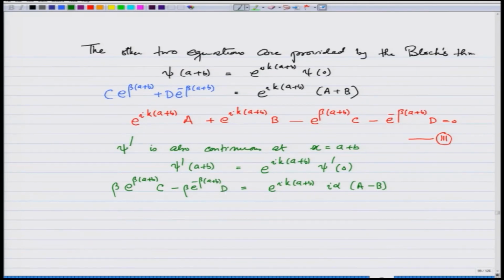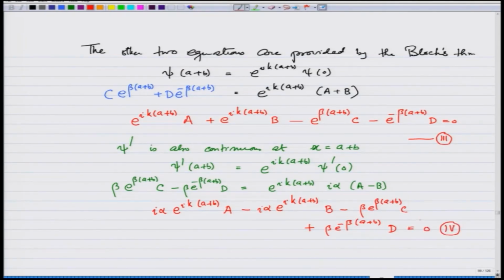So, this equation now becomes i alpha e raised to i k (A plus B) times A minus i alpha e raised to i k (A plus B) times B minus beta e raised to beta (A plus B) times C plus beta e raised to minus beta (A plus B) times D equals 0. This is my equation number 4.